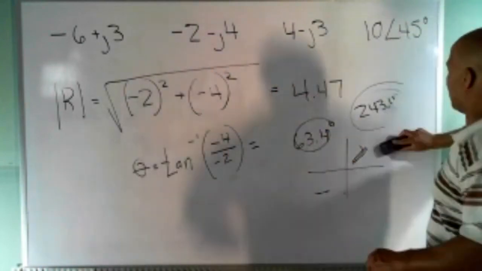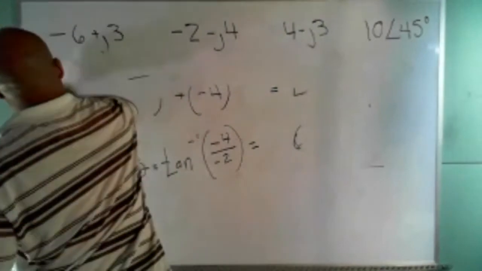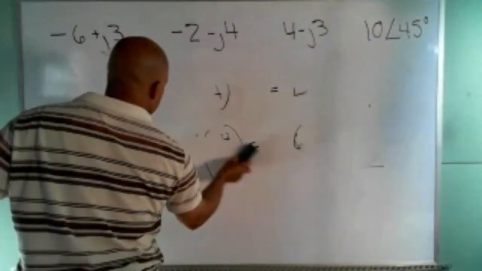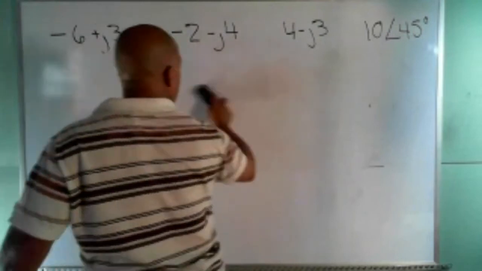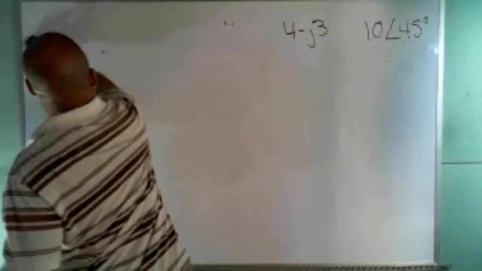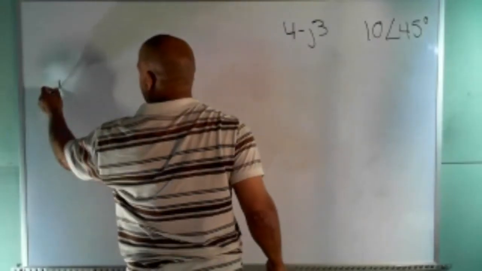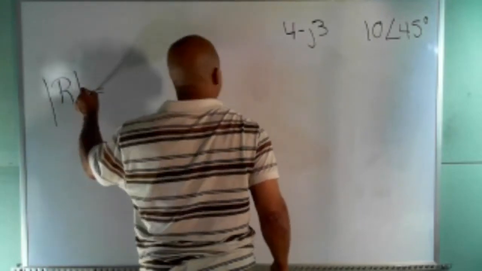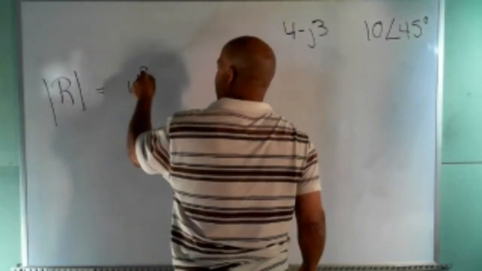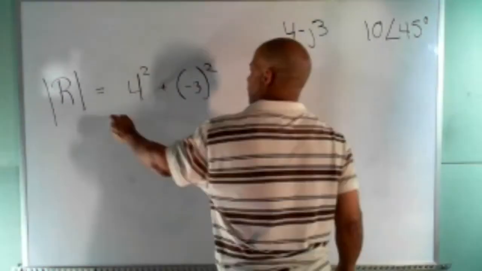So let's do that one real quick. I've got to get my radius vector. I've got 4 squared plus negative 3 squared, square rooted.